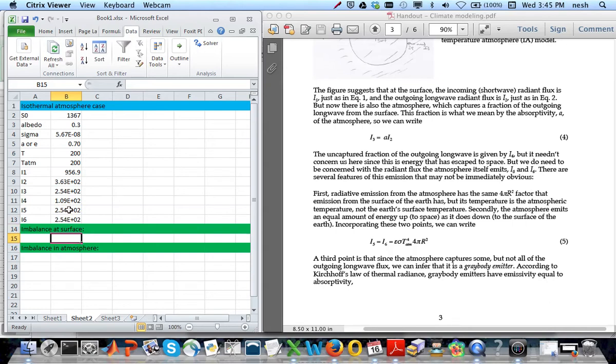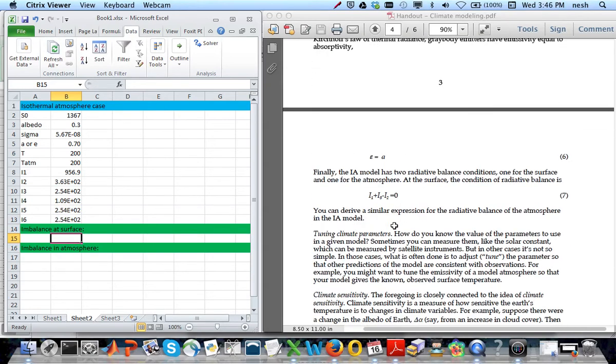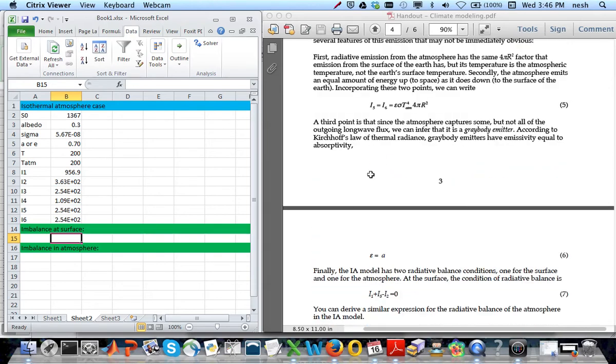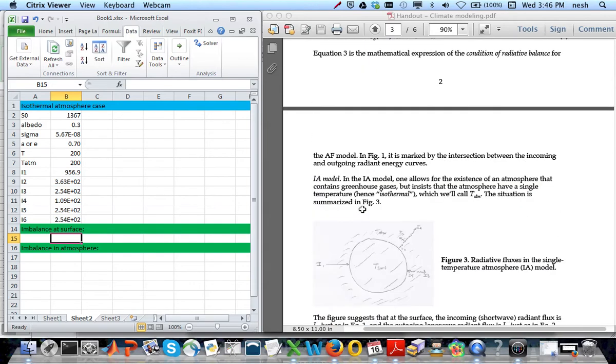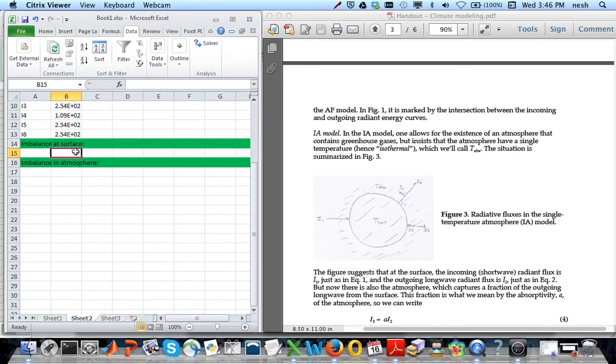Now the last little bit here is that we need to establish the radiative balance conditions, and one of them was this, that I've got written down here, but we can look back at this picture. At the surface, it better be that I1 plus I5 equals I2. So what we need to do in Excel for this is enter that as an equation that equals 0.